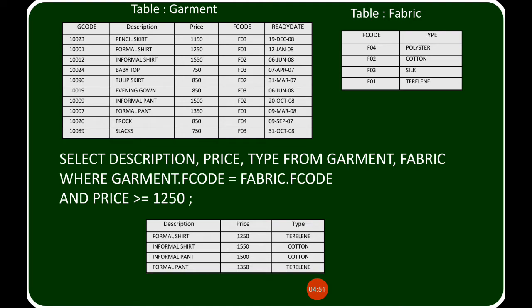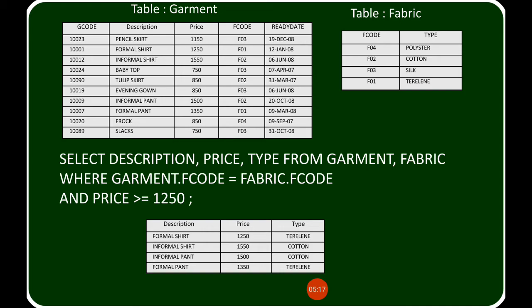So we can see here formal shirt having price 1250. In front of that, if you see in the garment table, F code is written F01, and if you match this in the fabric table, F01 is Terraline. So you will get the type as Terraline in front of formal shirt.